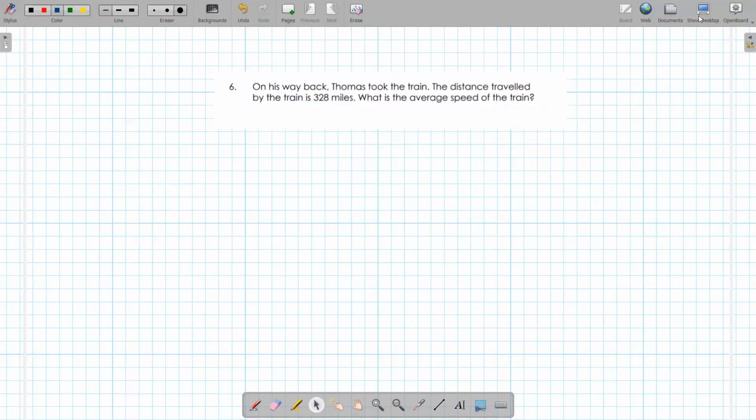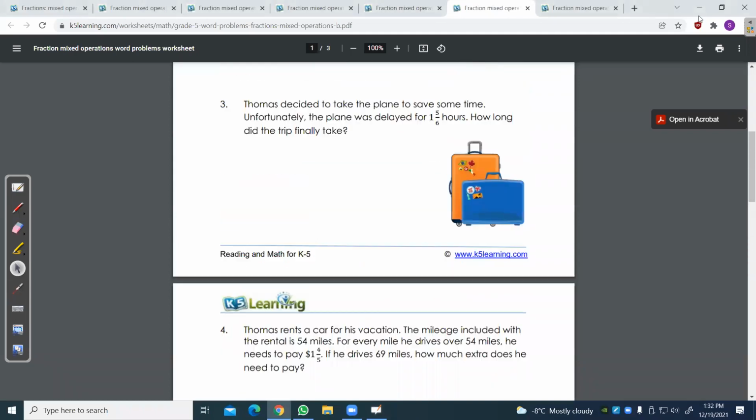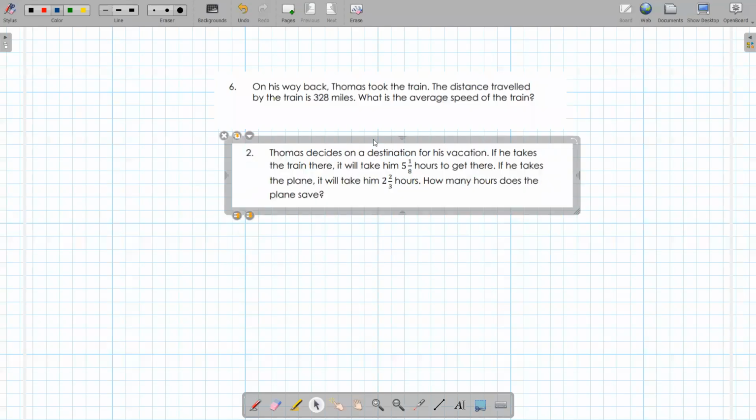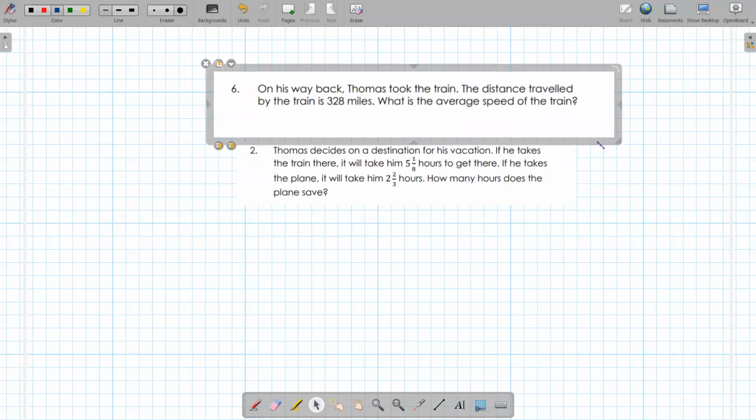On the way back, Thomas took the train. So wait, how long did it take on the train? So this is a follow-up question from here. What's the speed of the train?